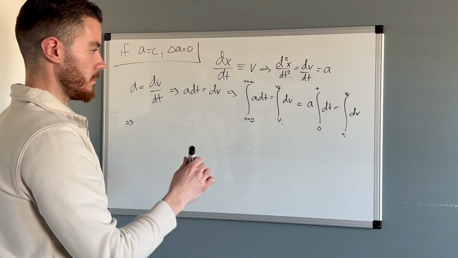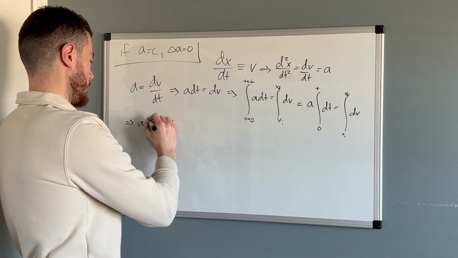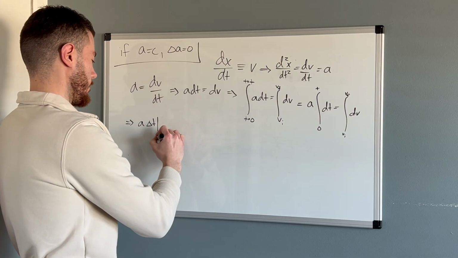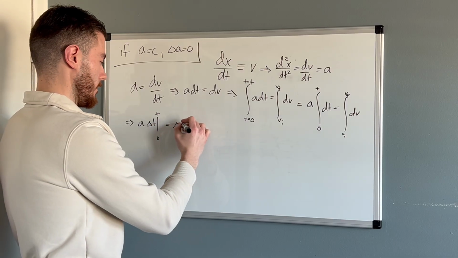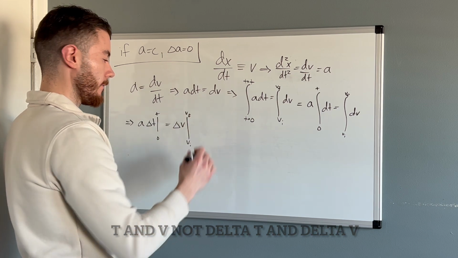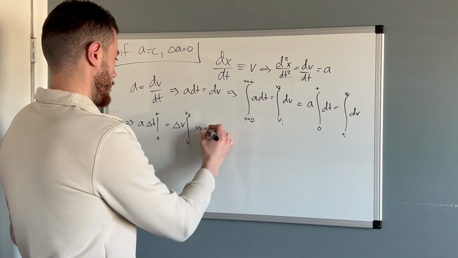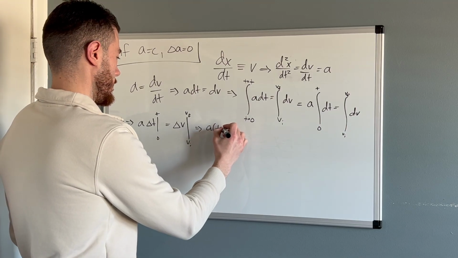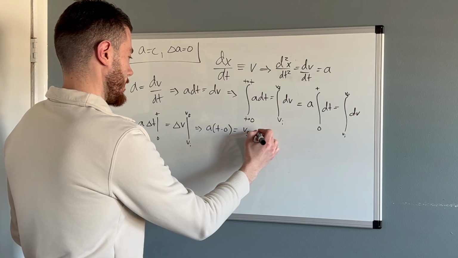This is a times delta t evaluated from 0 to t is equal to delta v evaluated from vi to vf. a times t minus 0 is equal to vf minus vi.